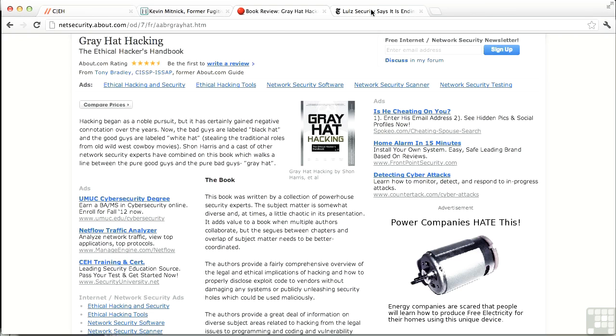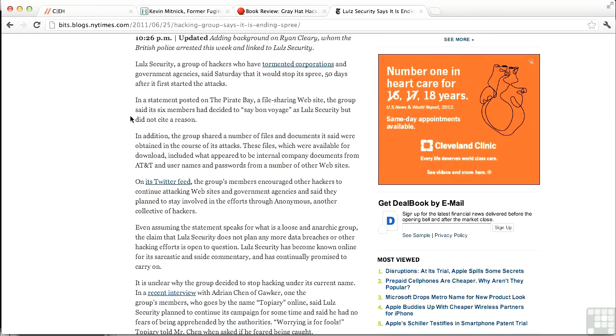Now, one other type of hacking that I want to talk about is this thing called hacktivism, and you'll find hacktivism all over the place. One example in the last year or so, certainly in recent memory, is Lulz Security. And you could argue that Lulz is actually a response to another type of hacktivism.